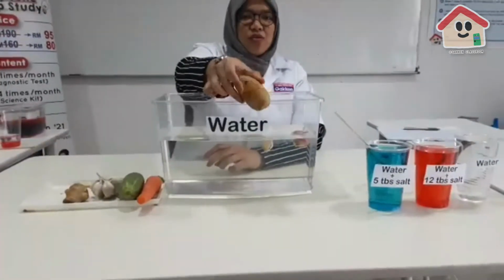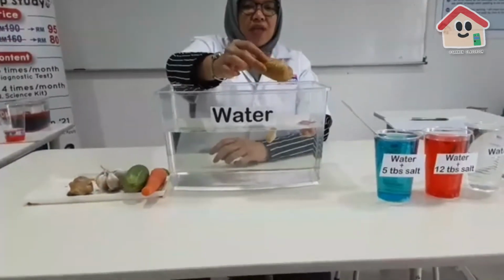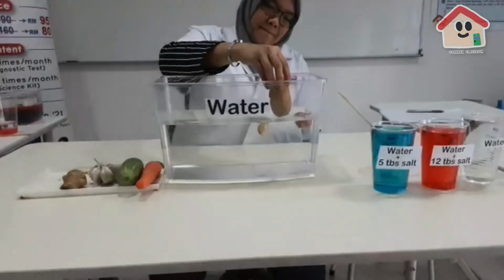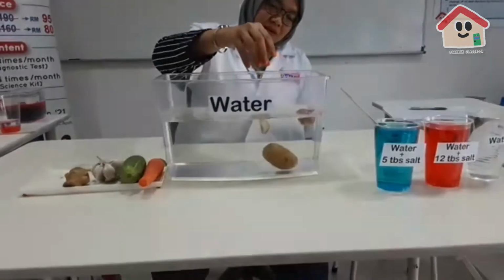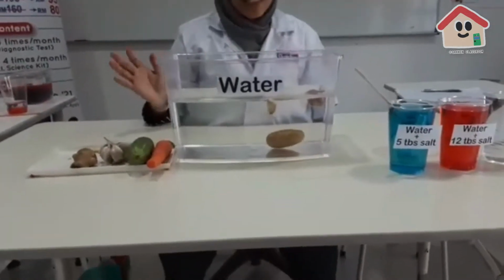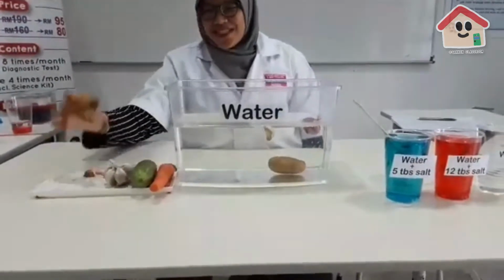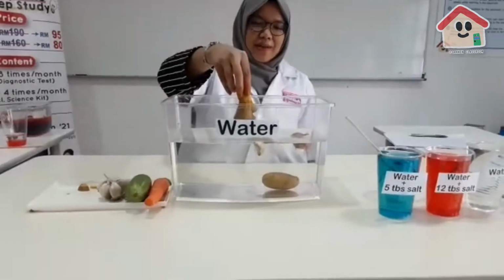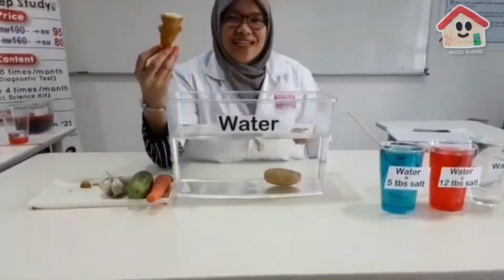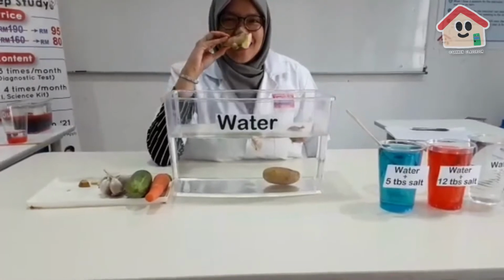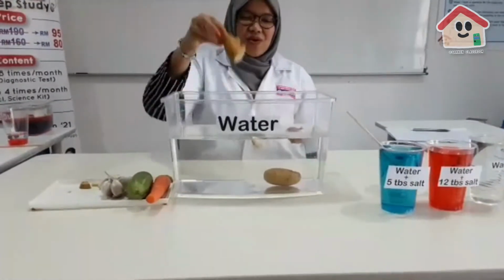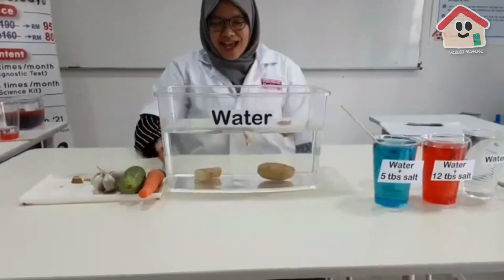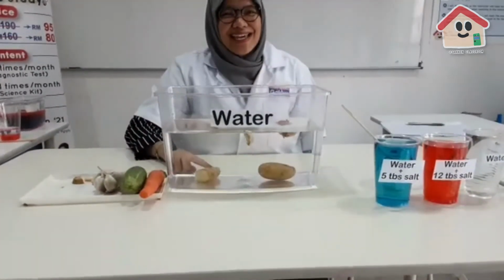How about potato? Here, I try to put the potato. Potato is sinking. How about ginger? I just put it. Floating or sinking? What do you think? I think it will be floating. Looks like I'm wrong, it's sinking.